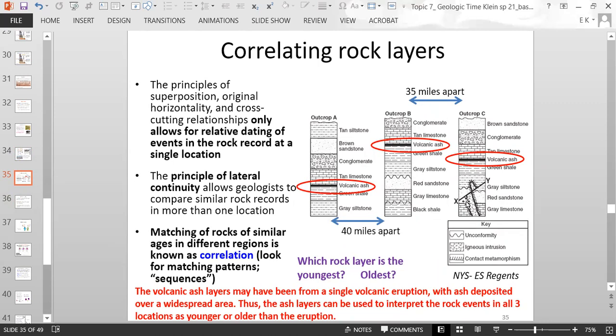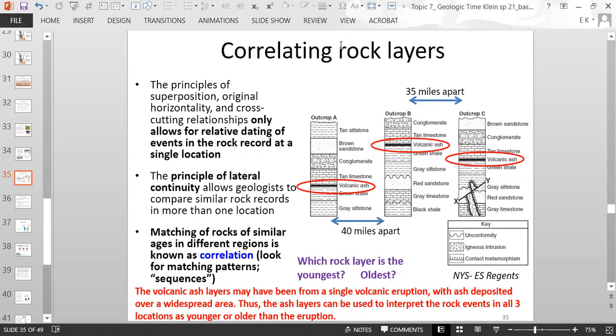So the first thing I noticed is that there was a volcanic ash layer. And I circled the volcanic ash layer with a red circle in each of the outcrops. The volcanic ash layers may have been from a single volcanic eruption because these outcrops are not that far apart from each other.